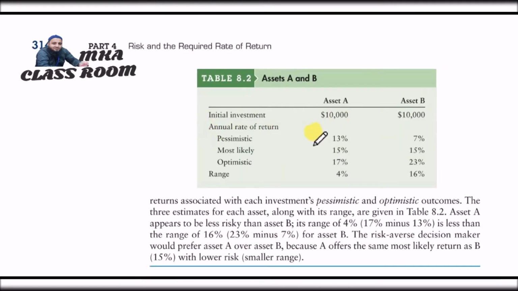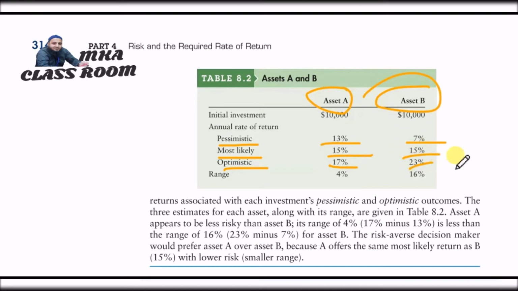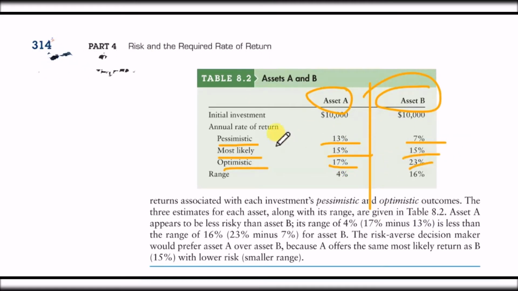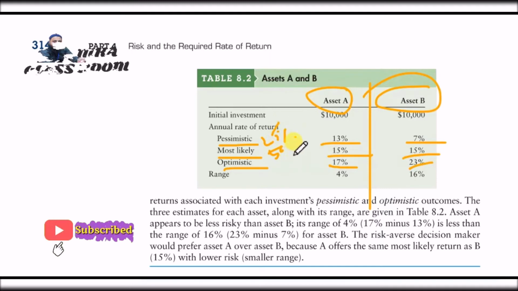Yes, we previously saw asset A and asset B. Pessimistic 13%, most likely 15%, optimistic 17% for A, and 7%, 15%, 23% for B. And here we have the information that the pessimistic is 25%, most likely 50%, and optimistic 25%.